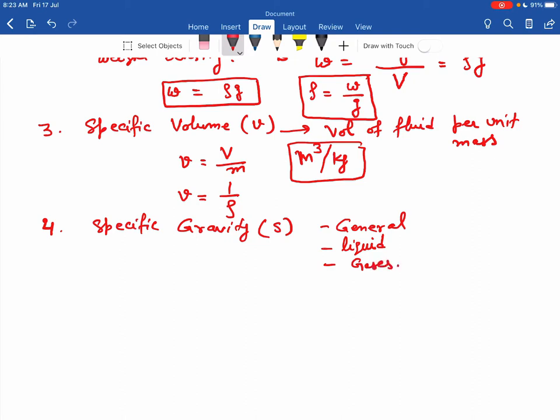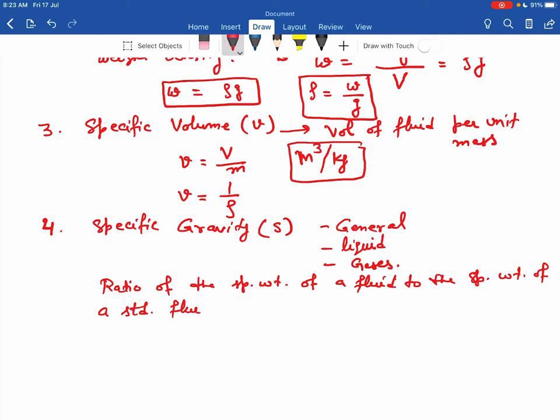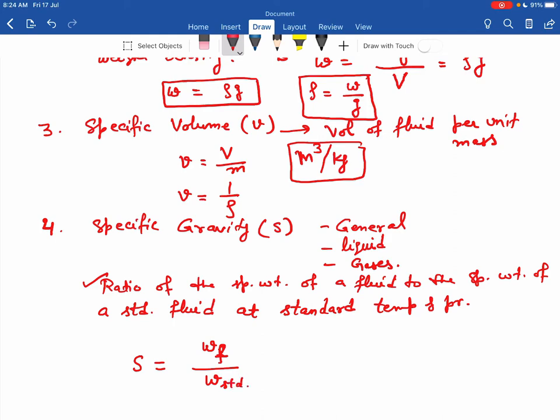Now the general definition for specific gravity is, it is the ratio of the specific weight of a fluid to the specific weight of a standard fluid at standard temperature and pressure. Now this is the general definition. So you can write S is equal to specific weight of fluid divided by specific weight of standard fluid at standard conditions.